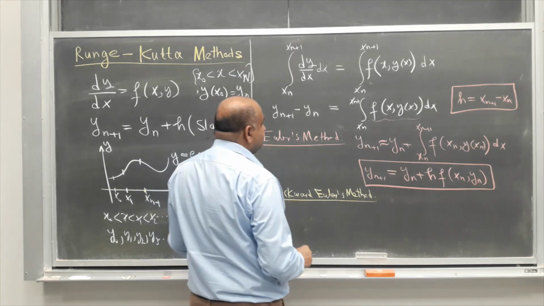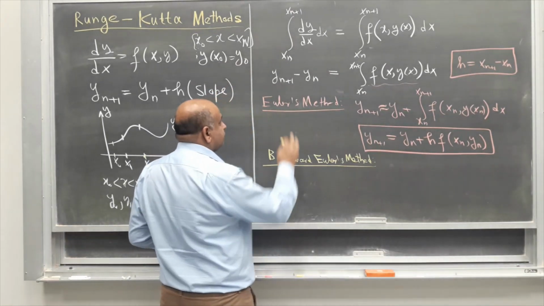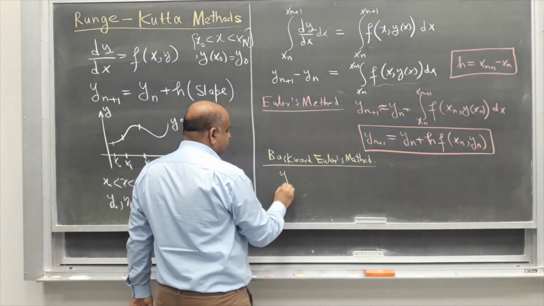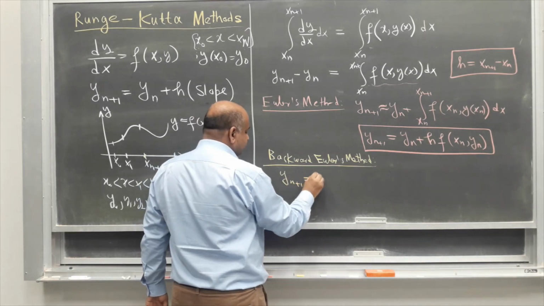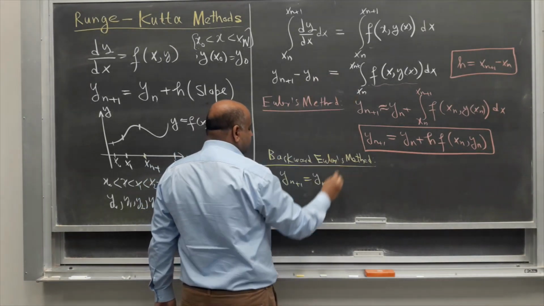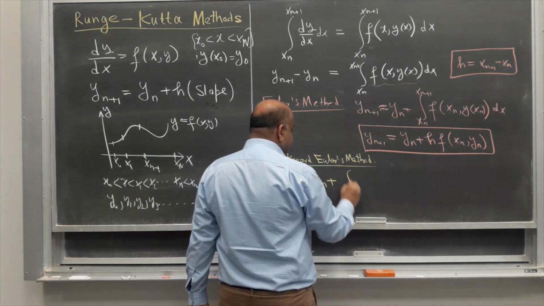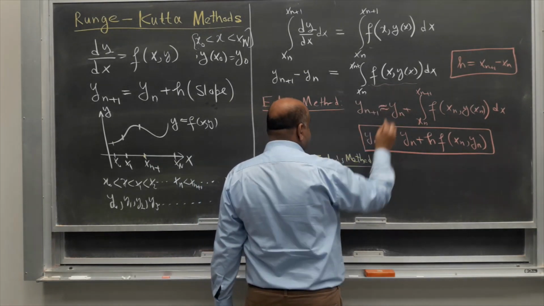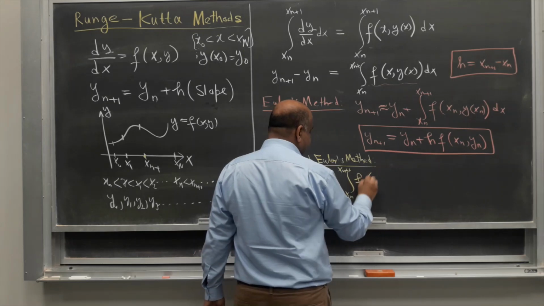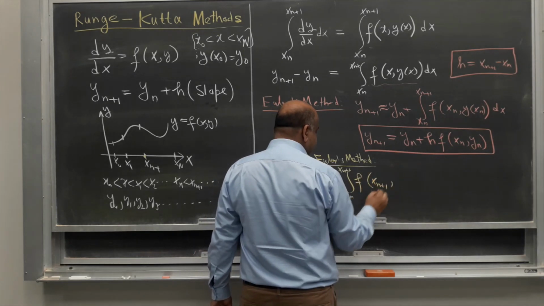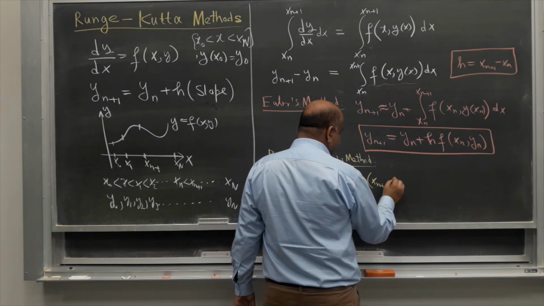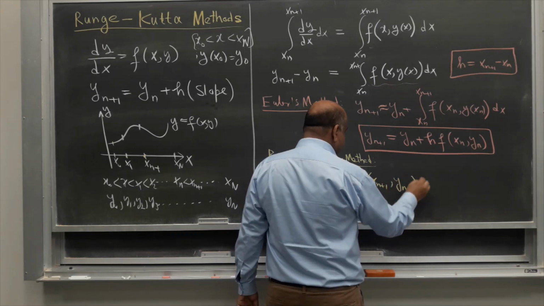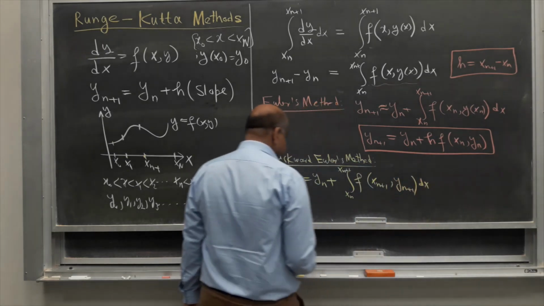And let's see how. So I can write this y_{n+1} as y_n, and this goes to the other side. Now let's approximate this as f of x_{n+1}, y_{n+1} dx.